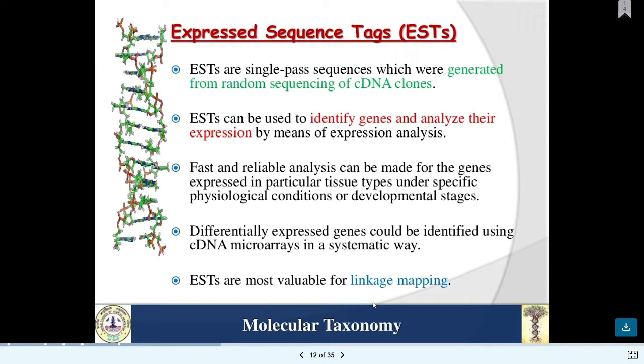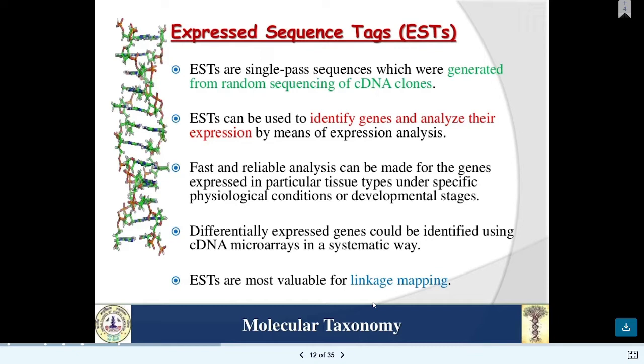The expressed sequence tag can be used to identify genes and analyze their expression by means of expression analysis. Fast and reliable analysis can be made for the genes expressed in particular tissue types under specific physiological conditions or developmental stages.